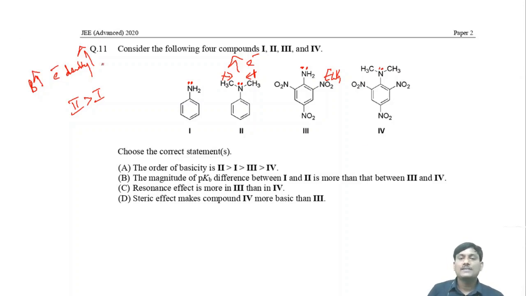Let us compare the basicity of 3 and 4. In this case, there is a delocalization of these electrons. That's why there is a decrease in electron density. If you take this molecule, suppose these electrons participate in delocalization, what is the structure you will get? This is the structure.